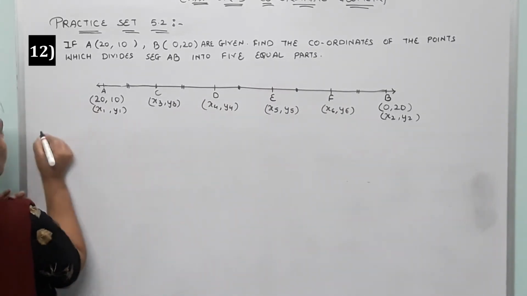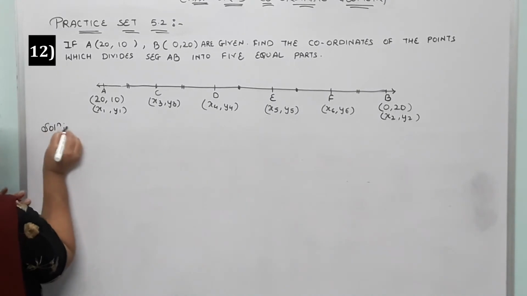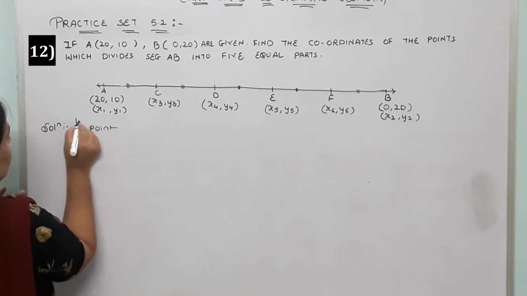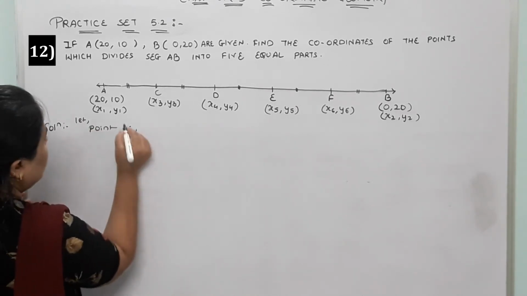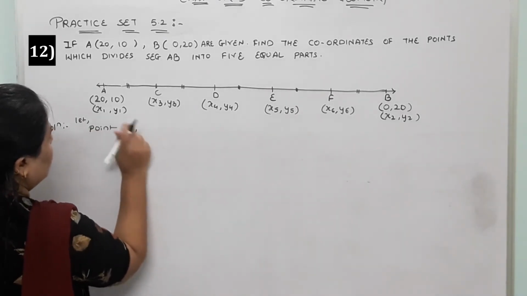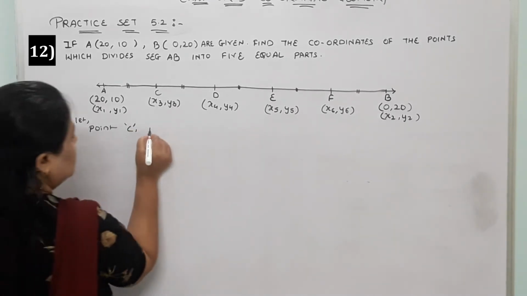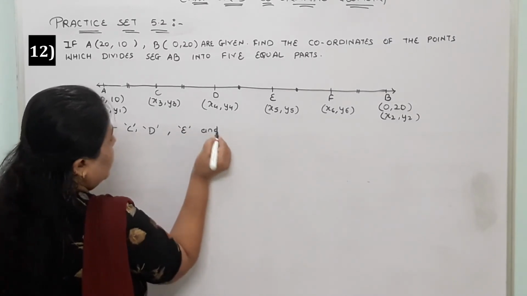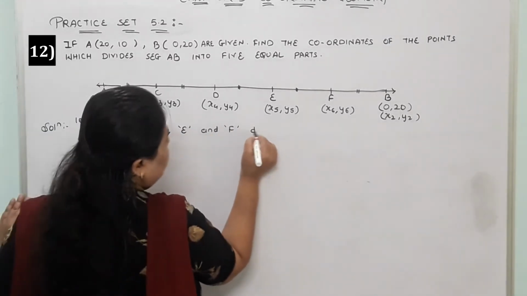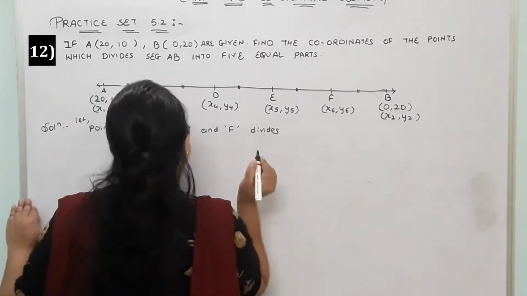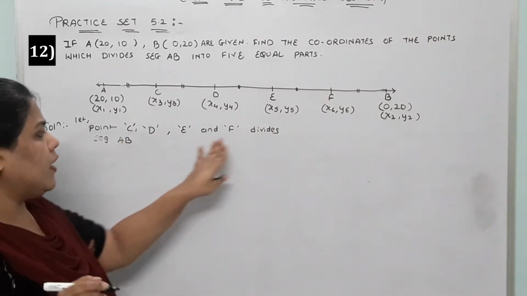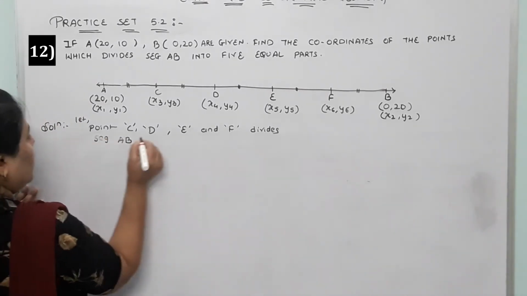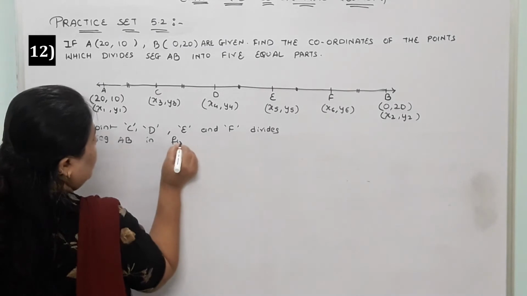So write down: let points C, D, E and F divide seg AB in 5 equal parts.